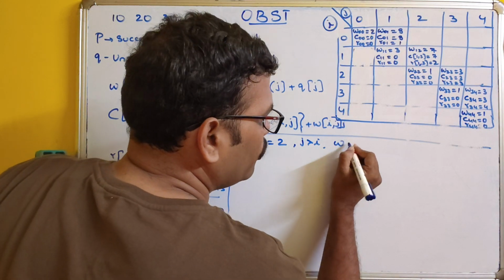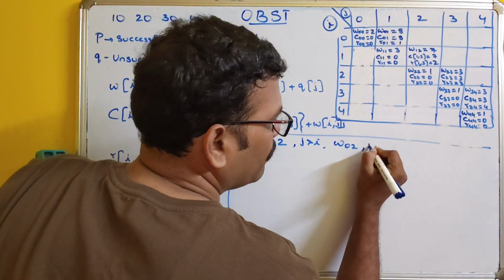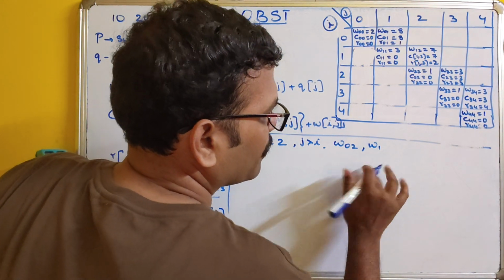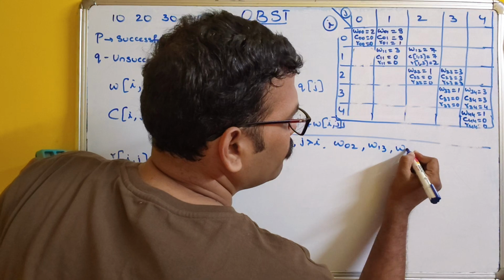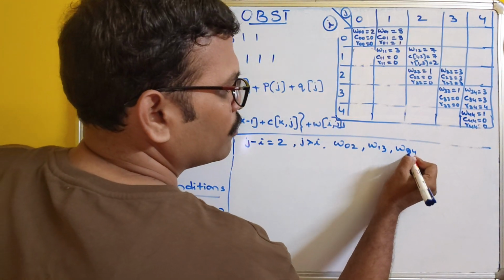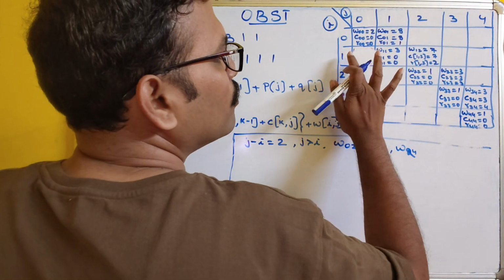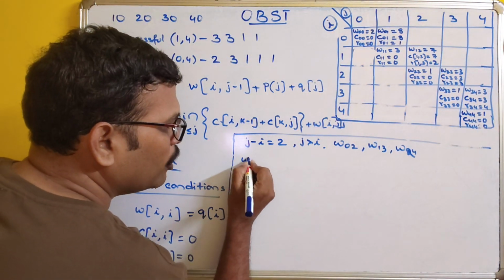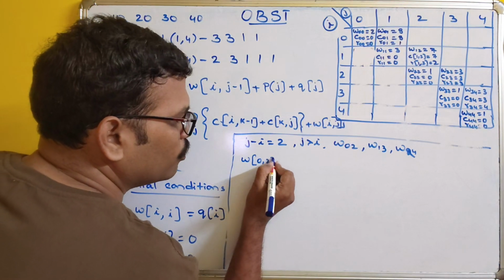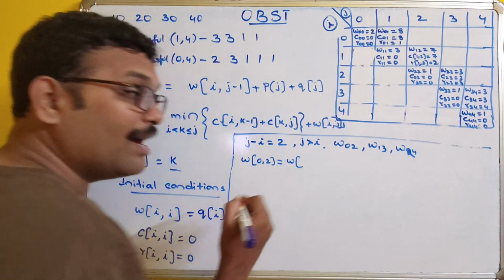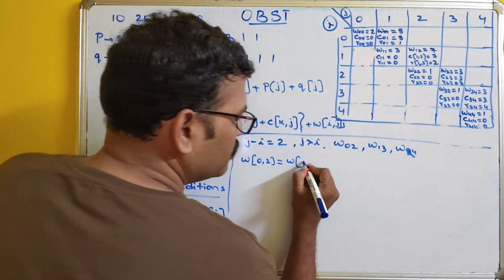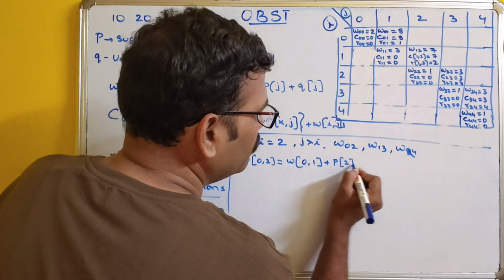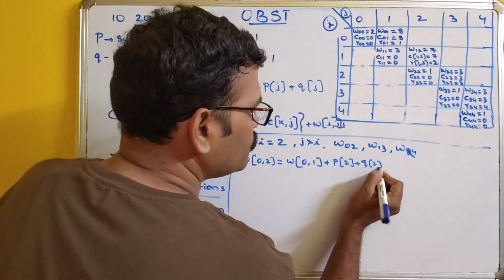We need to find W of 0, 2, W of 1, 3, and W of 2, 4. See, 0, 2, 1, 3, and 2, 4, so this diagonal. Now W of 0, 2 is W of i, j minus 1, so W of 0, 1 plus P of 2 plus Q of 2.